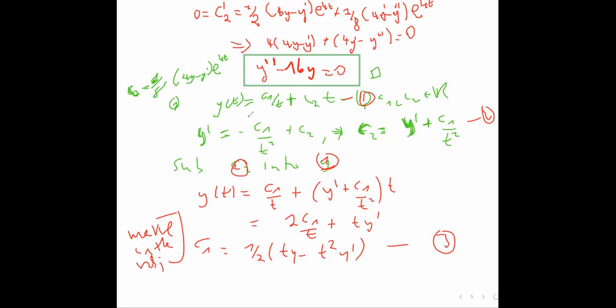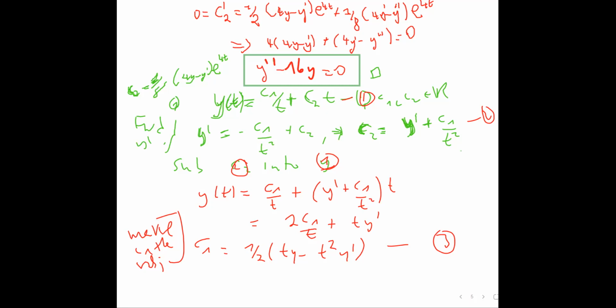Second equation, we write y(t) is equal to c1 over t plus c2 times t. So the same way, first find the derivative. Find y'. If you find y', you get this, and then you can make c2 the subject.